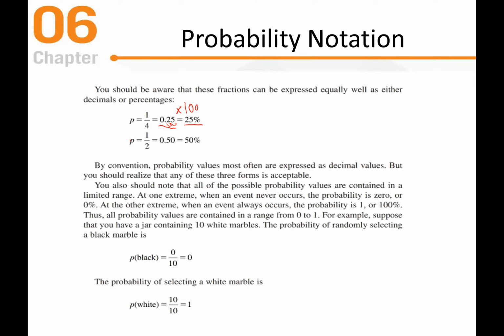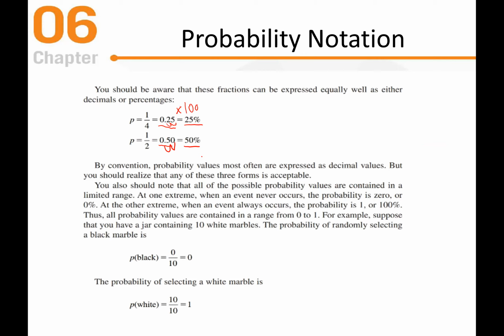Same with this. So let's say the probability of some kind of outcome is 1 out of 2. Well, 1 divided by 2 gives us 0.50. So that's equivalent expressed as a decimal. And if you wanted to know what that is as a percentage, we would just multiply 0.50 by 100, or just move the decimal point 2 places to the right. And that gives us 50%.